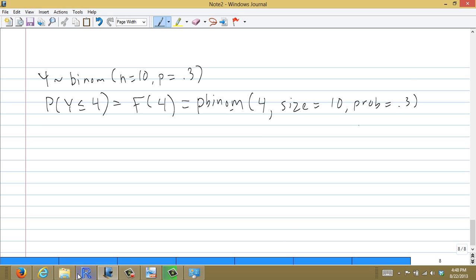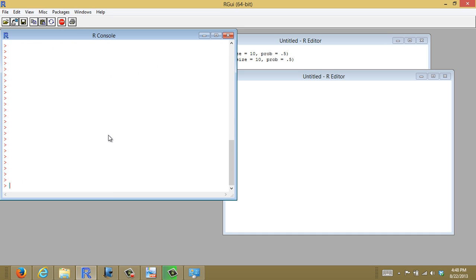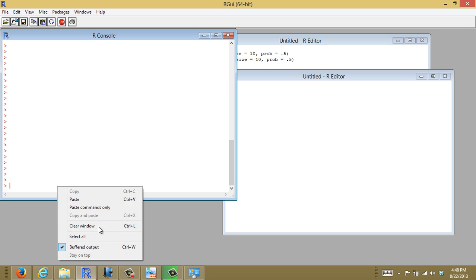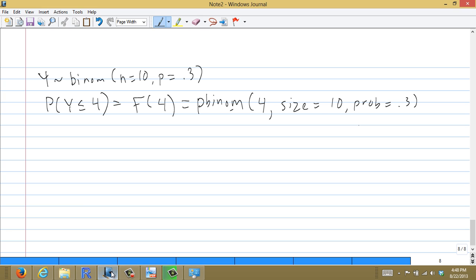So now we can go to R, and we type in pbinom(4, size = 10, prob = 0.3). And so the probability is pretty close to 0.85.